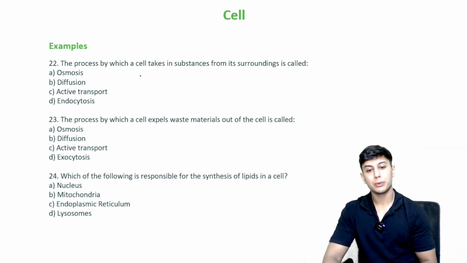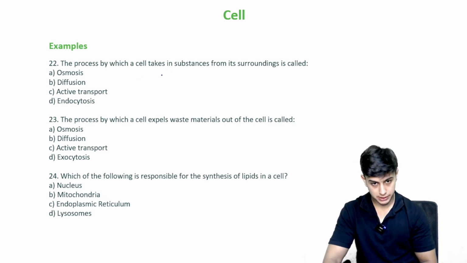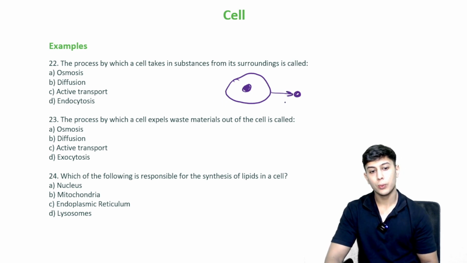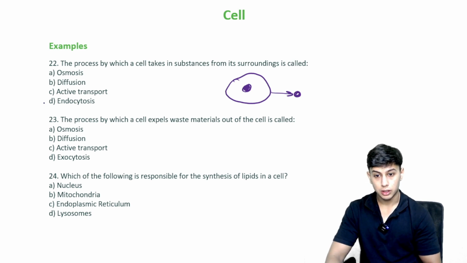The process by which a cell takes in substances from its surroundings is called what? Okay, so if this is a cell, here is some food item, and there is this nucleus inside it. The cell wants to get this. How will it happen? The correct option is option D, endocytosis.